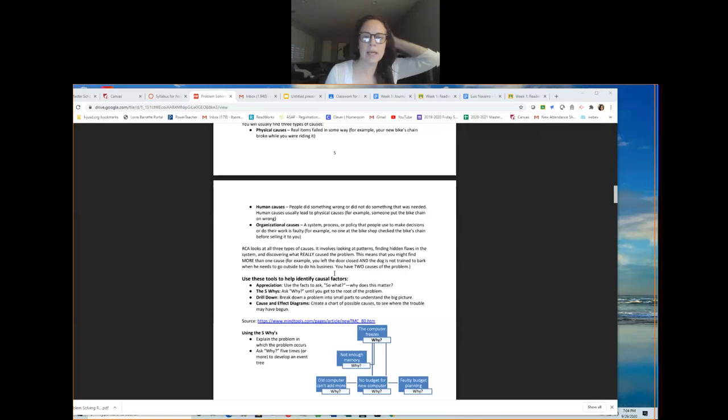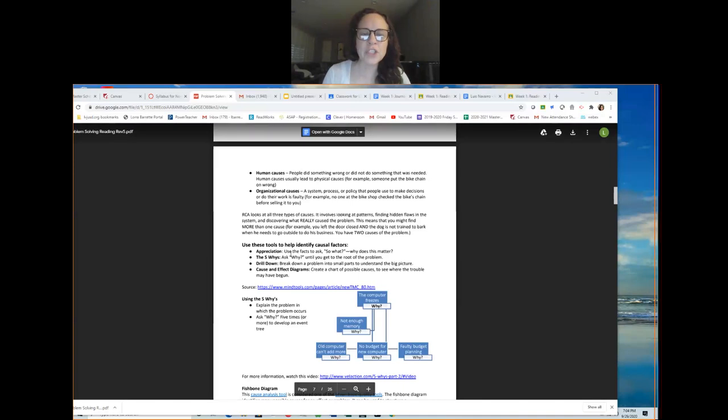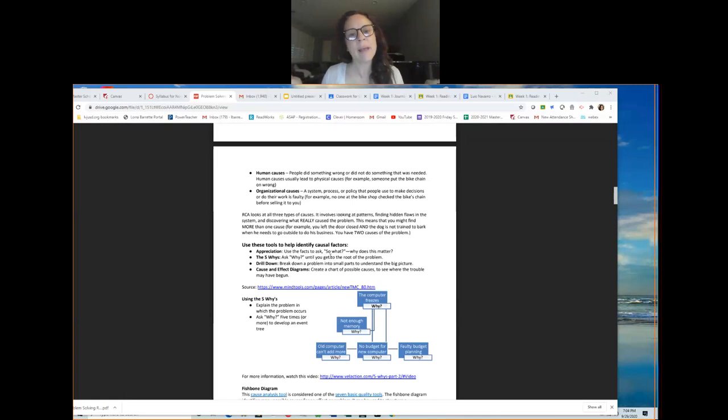And it says, use these tools to help identify causal factors. So this first one confused me because it says appreciation, use the facts to ask, so what? Why does this matter?